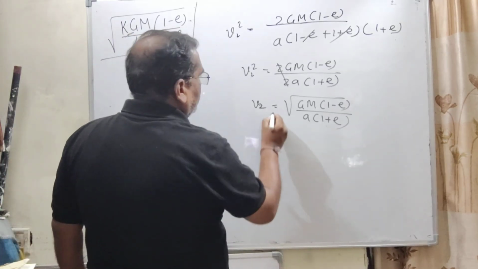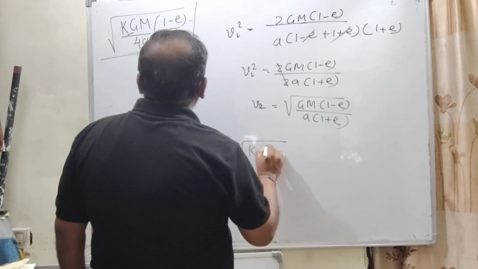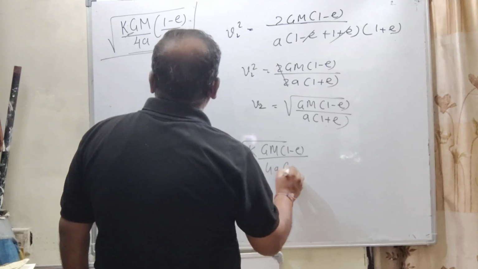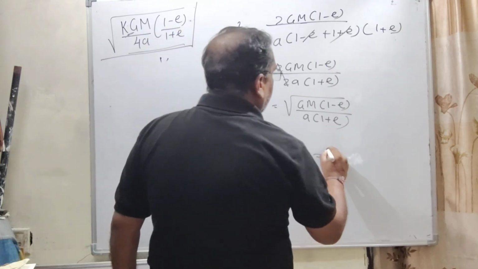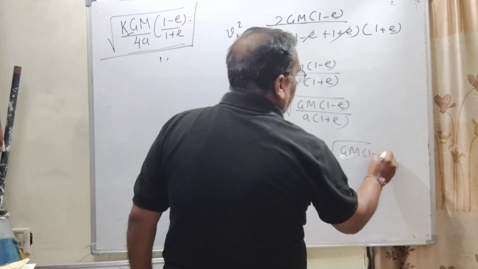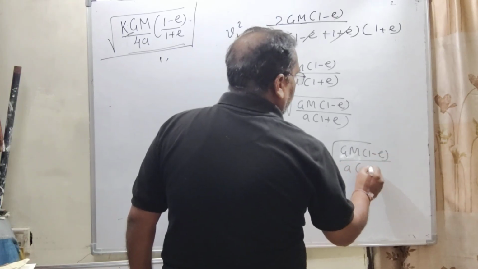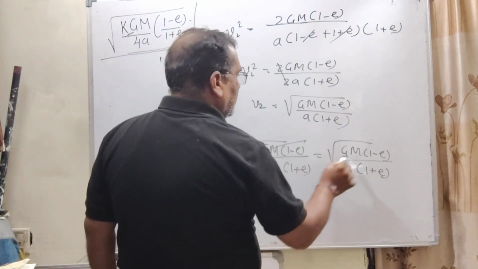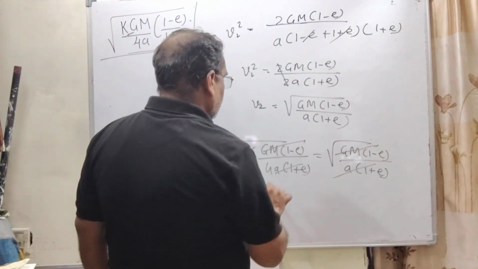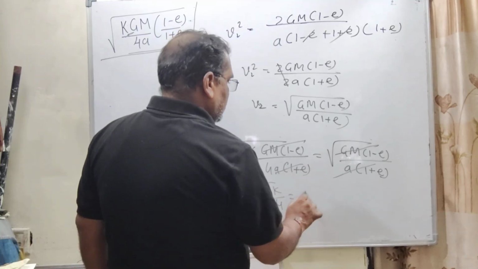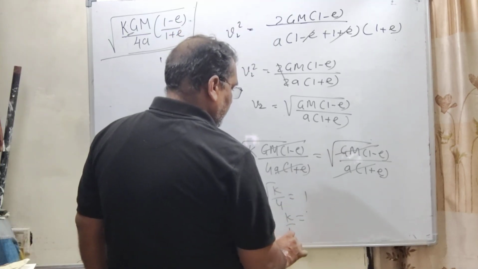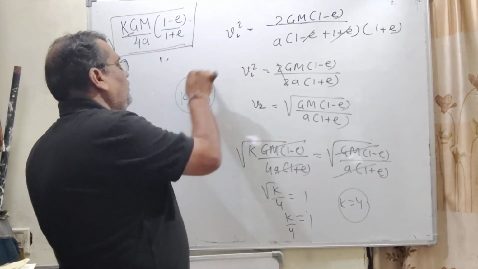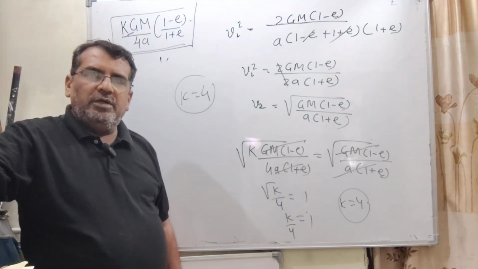So k G M (1 minus e) upon 4a (1 plus e), comparing these terms with G M (1 minus e) by a (1 plus e): all these terms cancel out, this term cancels, this term cancels, then k by 4 is 1, meaning k equals 4. So our answer is k equals 4. Is it okay? I hope you understood this question.